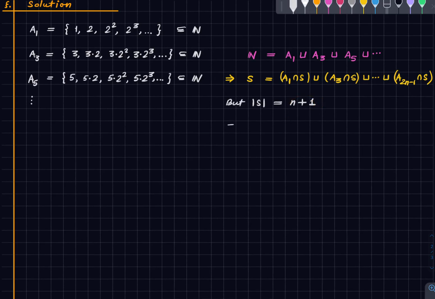So there exist two distinct things in S, P and Q, such that both lie in some Ai for some i.